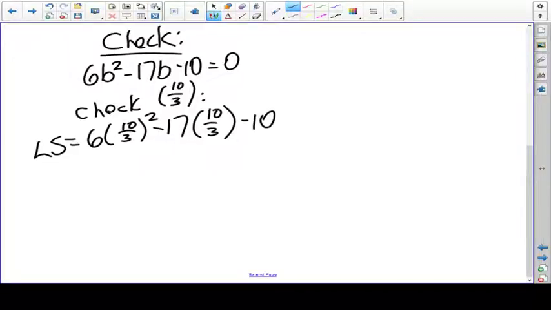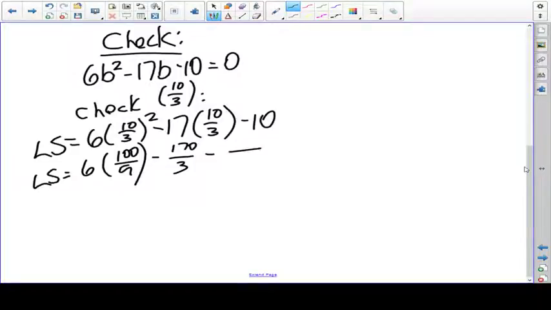So an ability to manipulate fractions is important here. We are going to square 10/3, and that's going to give us 100/9. And when we multiply 17 by 10/3, we're going to get 170/3. I see the writing on the wall here that I'm dealing with thirds, and it's kind of unpleasant, but I'm going to make sure that I'm dealing with thirds everywhere.